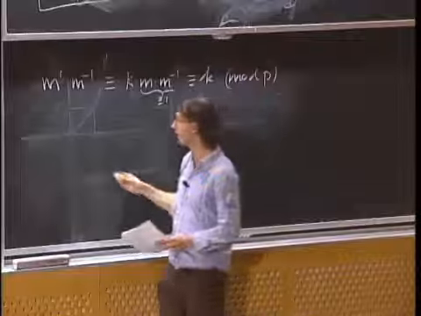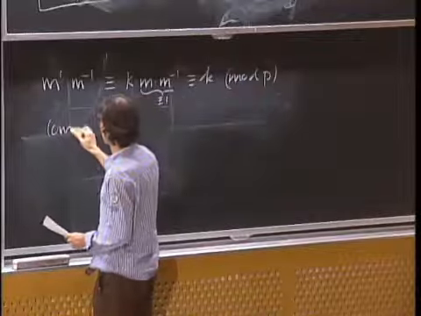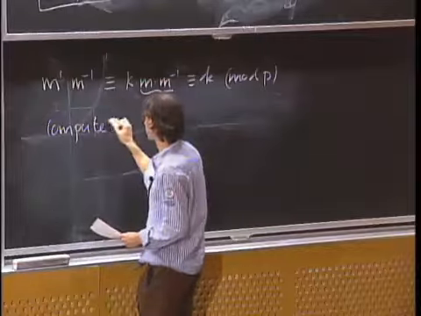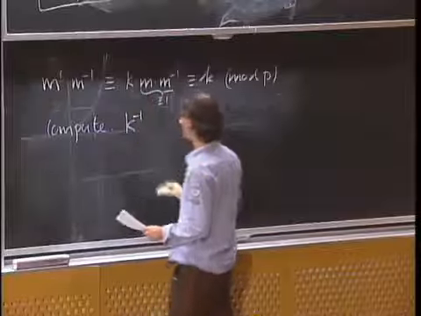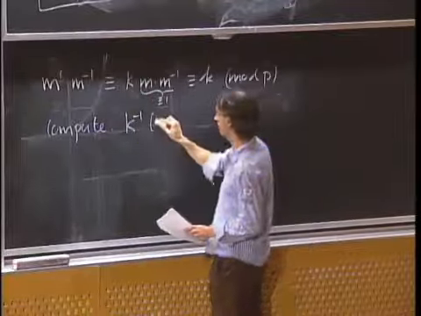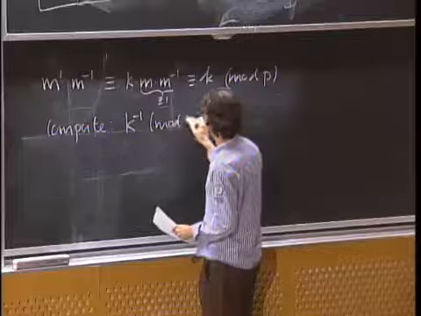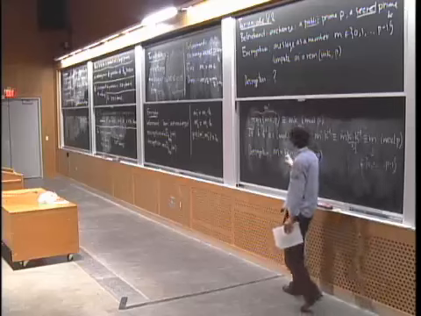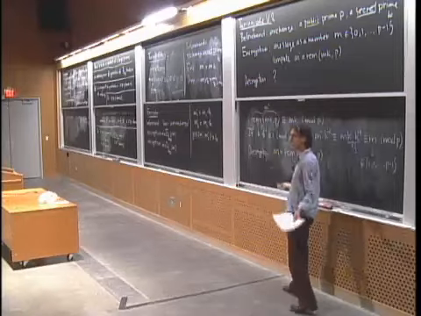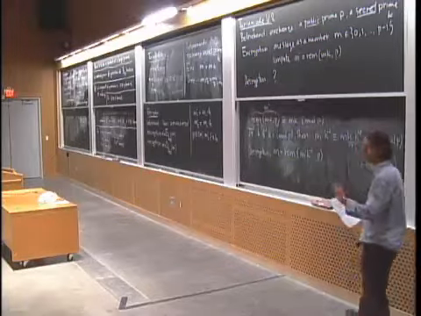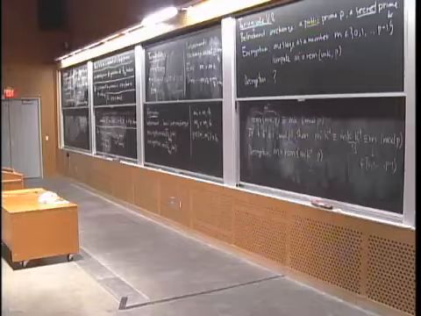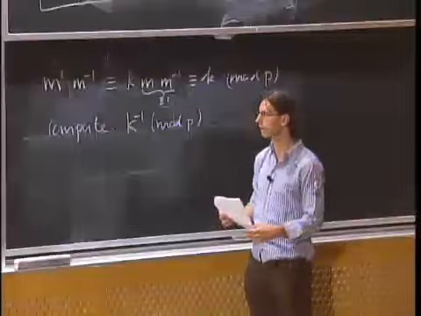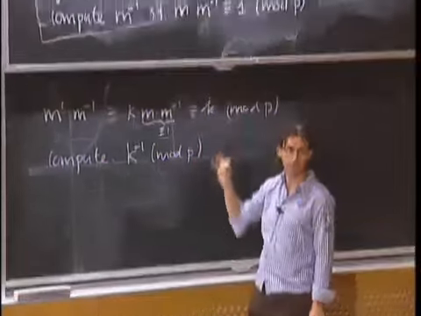If I know K, I can compute its multiplicative inverse, so I can compute K inverse modulo P. And if I know K inverse, I can use it to decrypt any other encrypted message that I receive. For all future encrypted messages, I no longer need the plain messages.